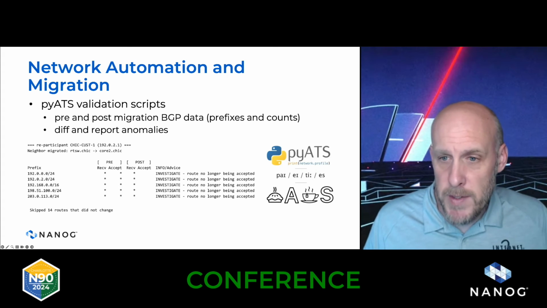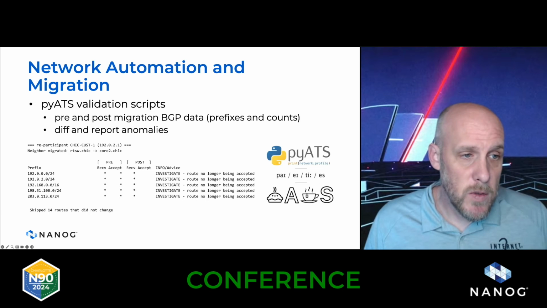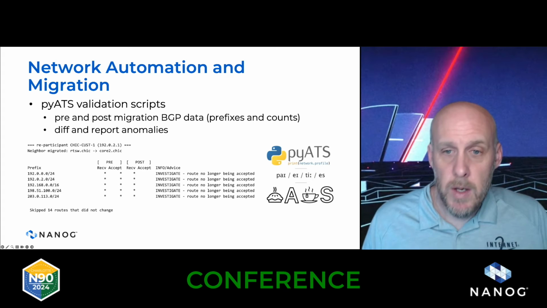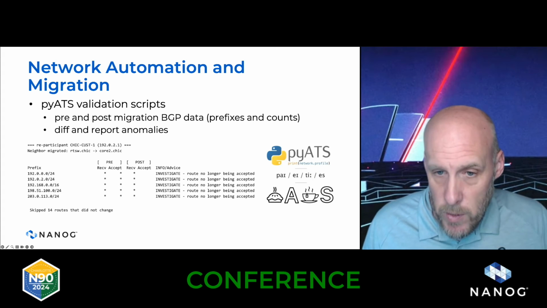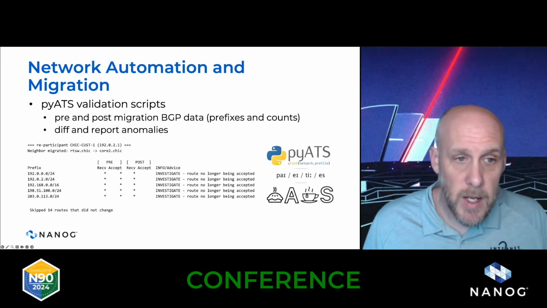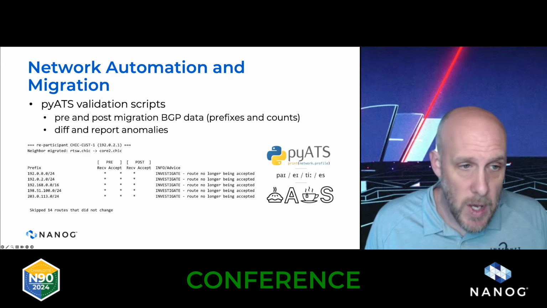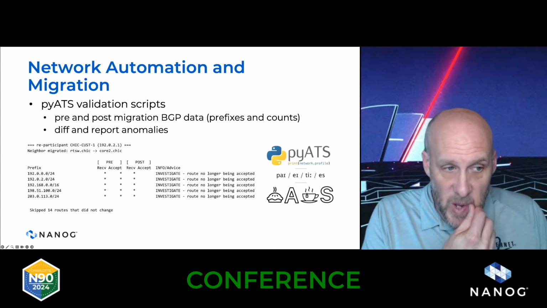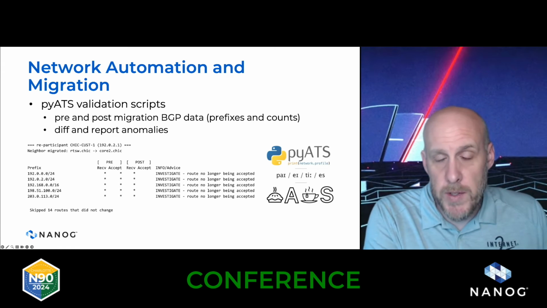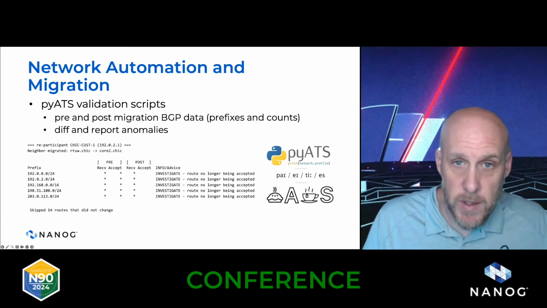And this is across devices, so it saves it in the same kind of format. So we would scrape the routes pre-migration off the Juniper network, migrate the BGP peer over to the Cisco network, run a similar script against the Cisco, scrape that data, and then run a third script which would compare the results. Then we'd have a quick way to evaluate: these are the routes we saw pre-migration, these are the routes we're seeing post-migration, and is there a difference?